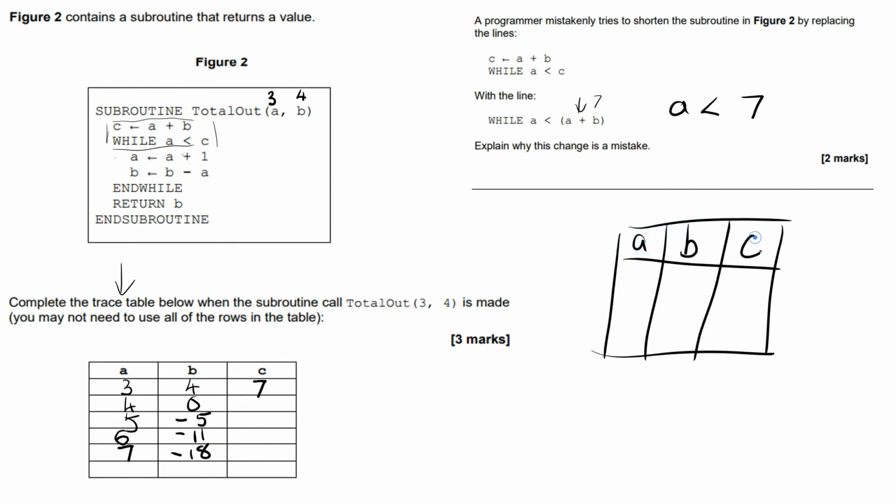A, B, C. So if we have now A is less than C, so we've got 7 in there, we've got 3 in there, and we've got 4 in there, and we're saying while A is less than 7.